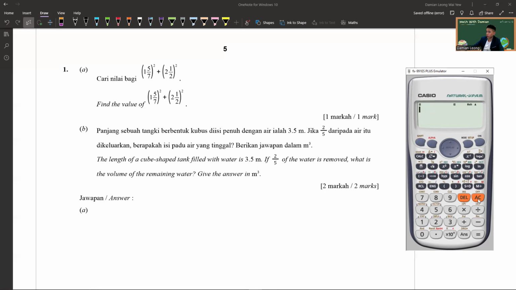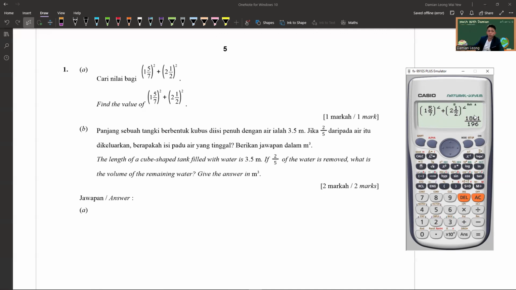So you have to put bracket 1, shift, and then fraction, 5/7, close bracket, square, plus bracket, 2, again shift and then fraction button, 1, 2, close bracket, square, and equals.